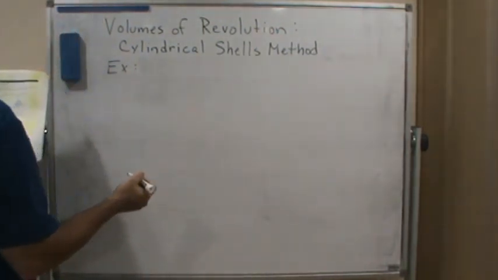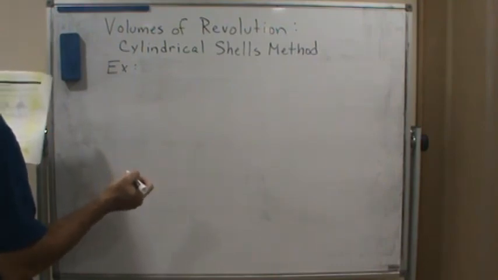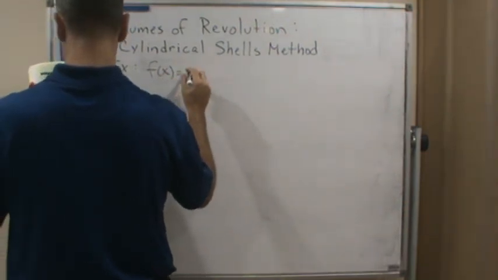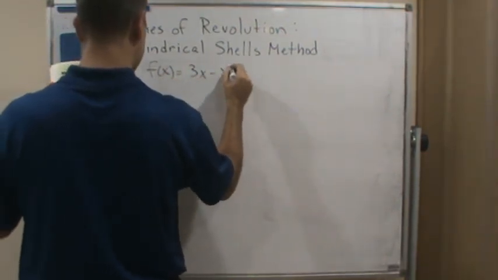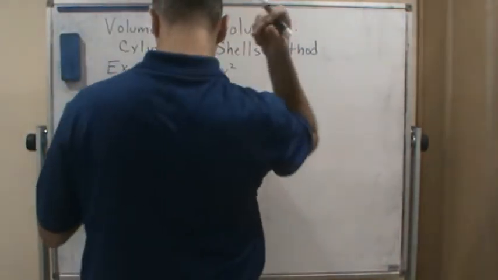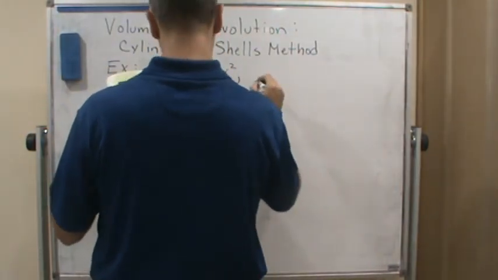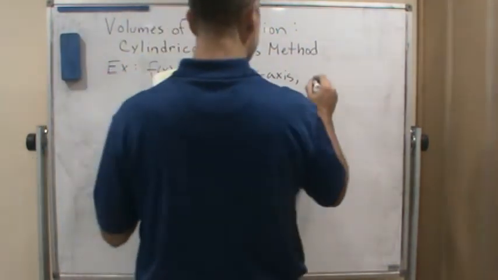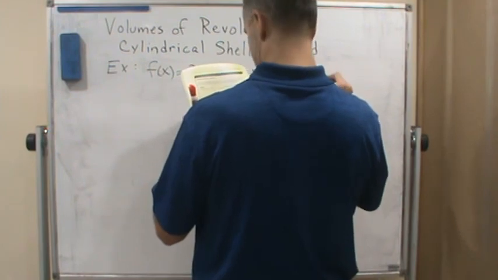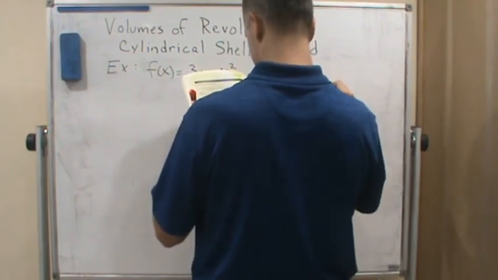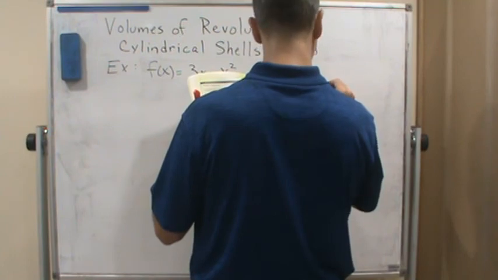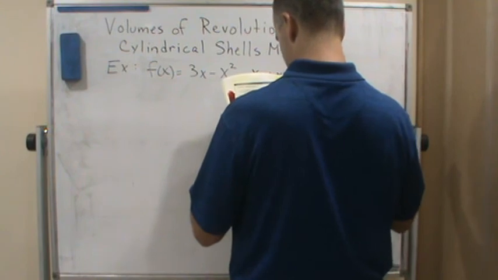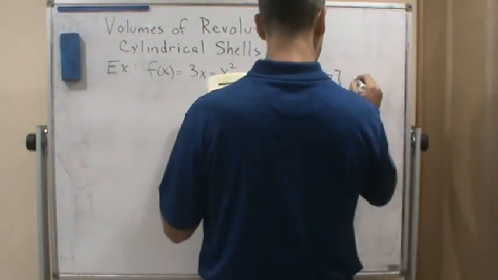So it says, define R as the region bounded above by the graph of f of x equal to 3x minus x squared, and below by the x-axis, of course, at this point, and then over the interval from 0 to 2 again, and of course we're going to go around the y-axis.